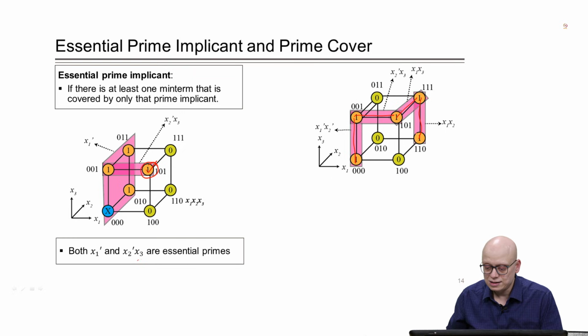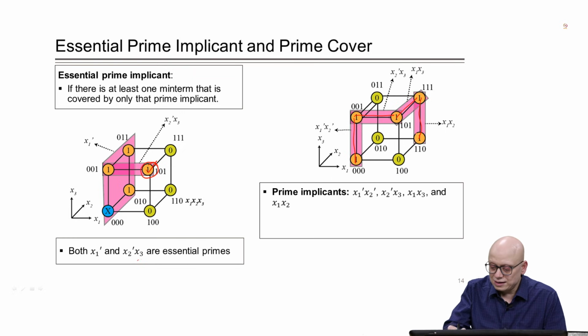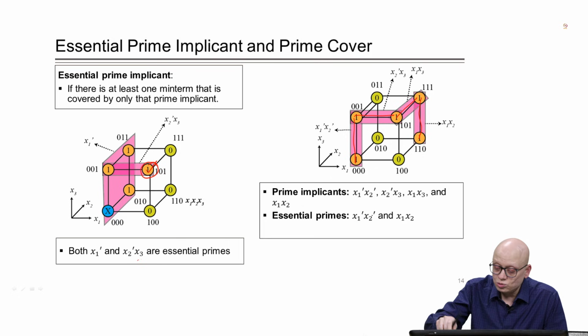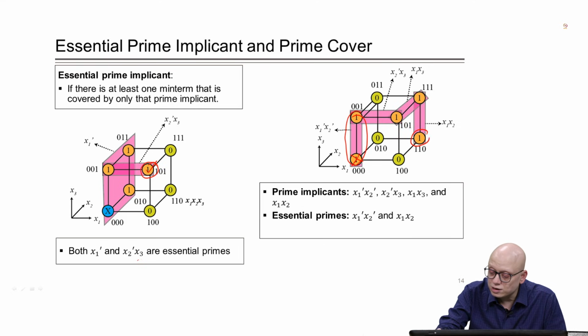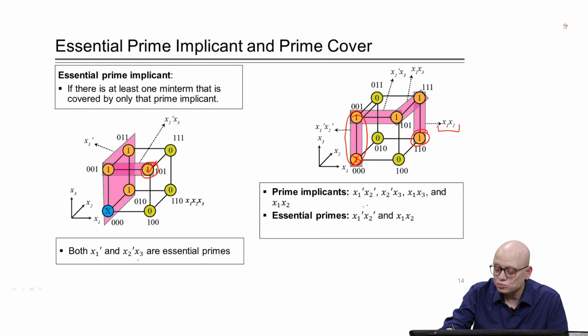Out of these four prime implicants, x1 dash x2 dash is essential, because this corner is covered only by this prime implicant, and similarly this corner is covered only by the prime implicant x1 x2, and therefore x1 dash x2 dash and x1 x2 are essential prime implicants.